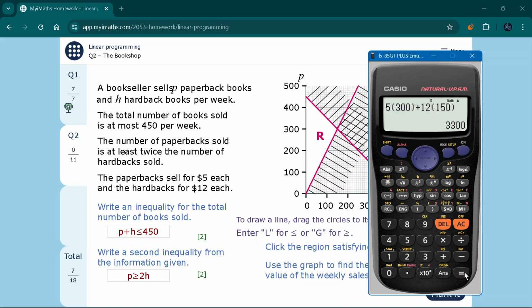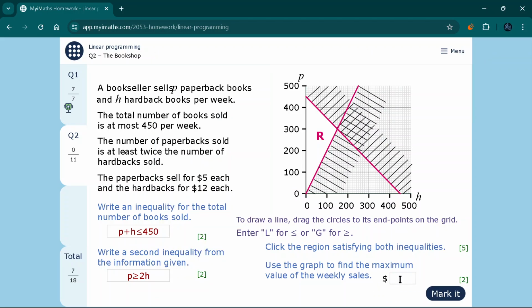How much is that? 3,300. That's more. Okay. So any other point here I think would be less, because if you sell fewer hardbacks, you'll make less money. The point will be either here or there, but since we get more money for the hardbacks, we want to sell the maximum amount of hardbacks we can. So 3,300 is my answer.